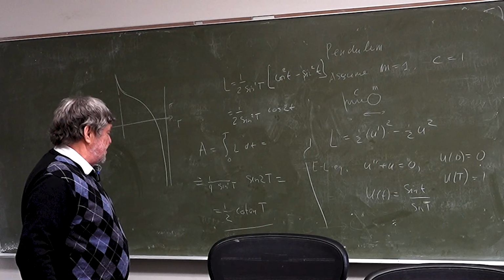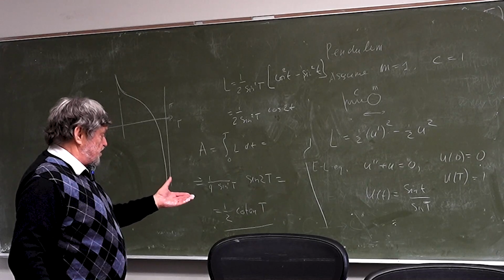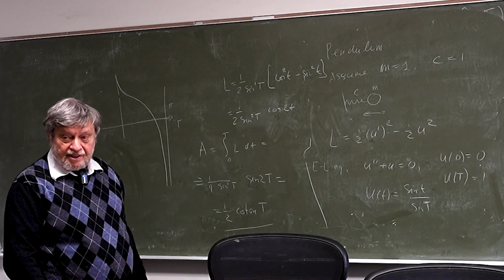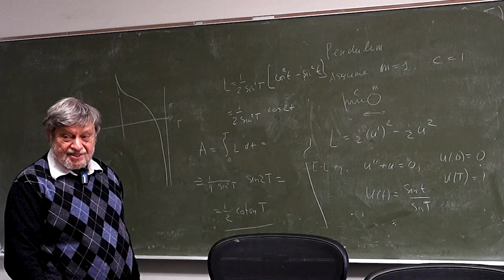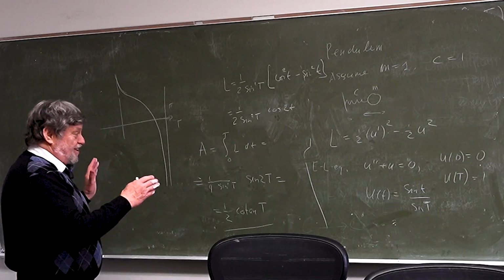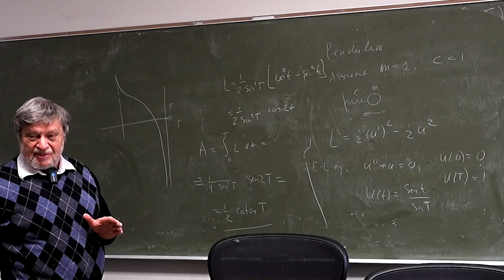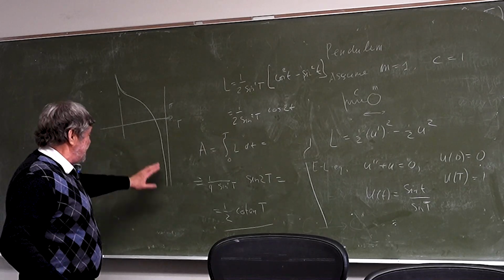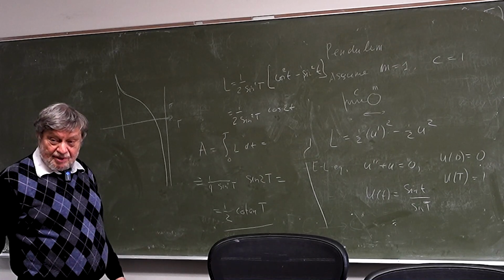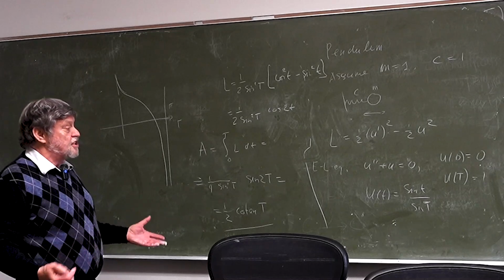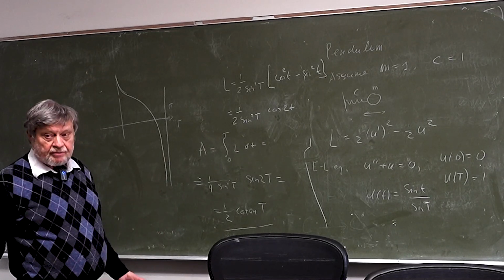And clearly, if time is larger, then you can do something better than infinite action. For example, you can just not move for a while and then start to move later, and make this action as small as you want. Which means that for long trajectories, this principle does not work.